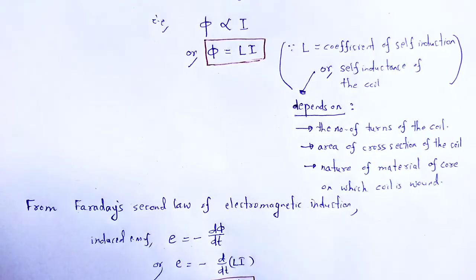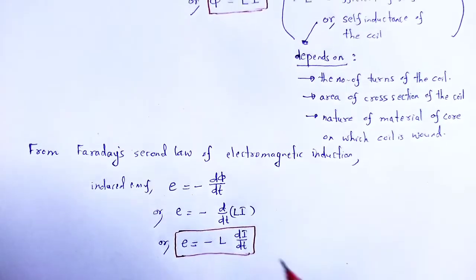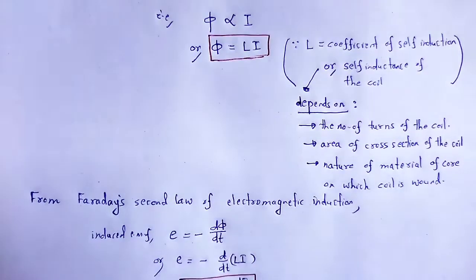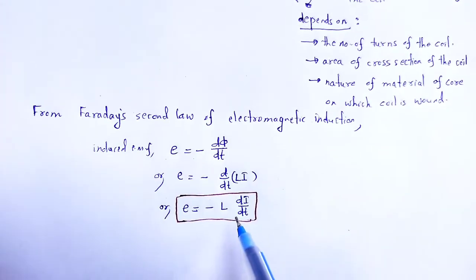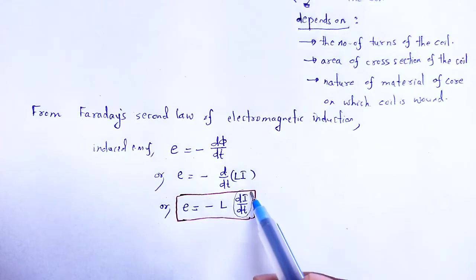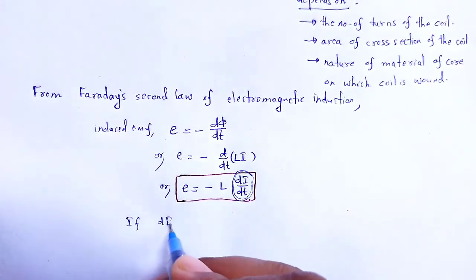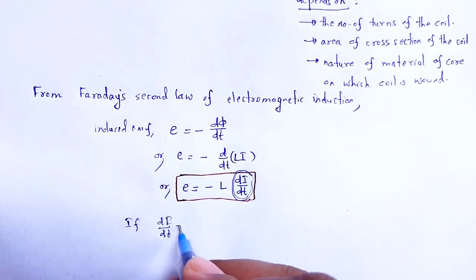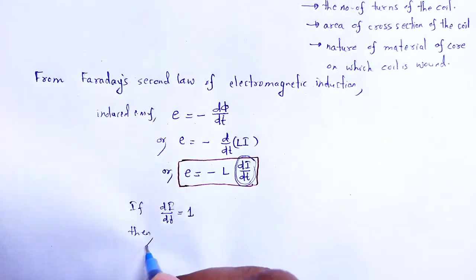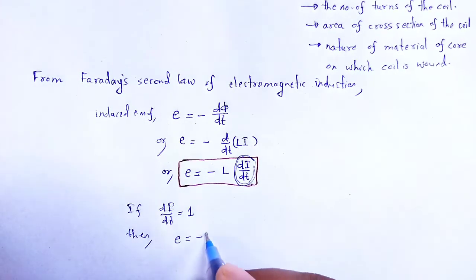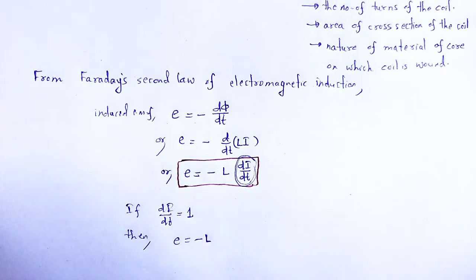Look here, what should be the unit of self inductance here? If di by dt is equal to 1, then E is equal to minus L, which means the induced EMF is equal to the self inductance of the coil.